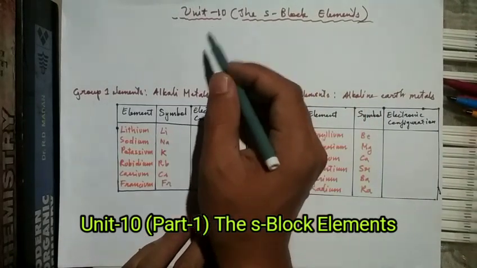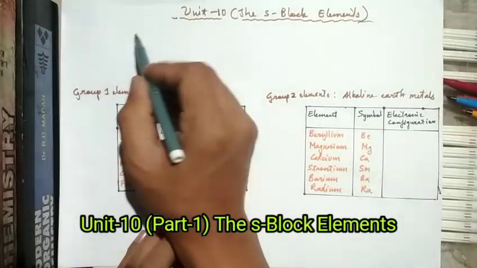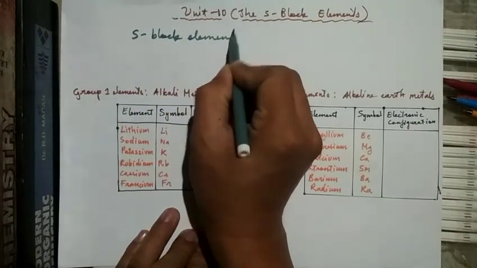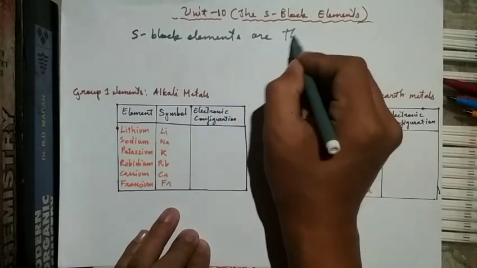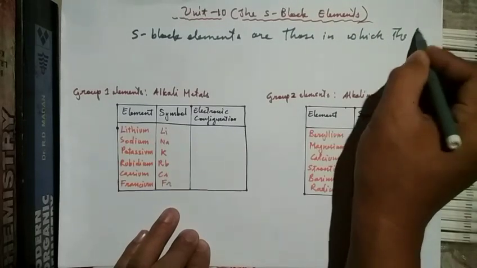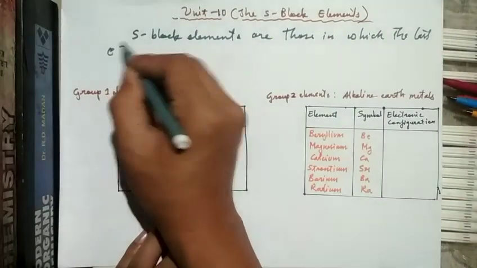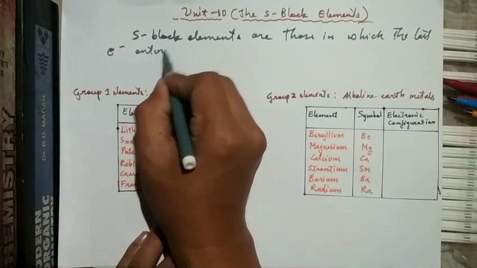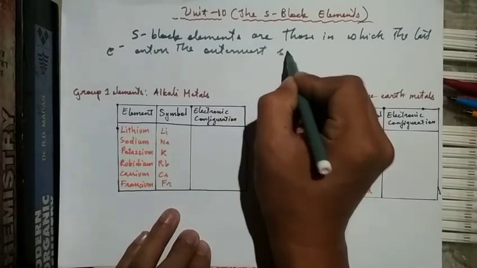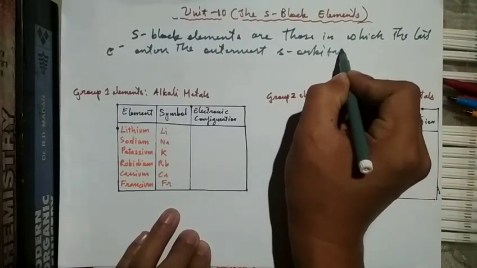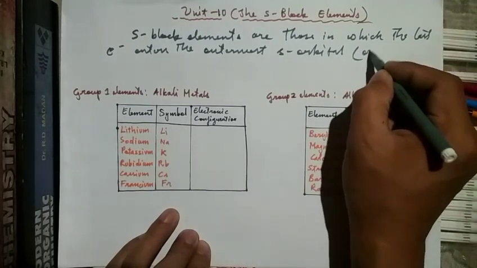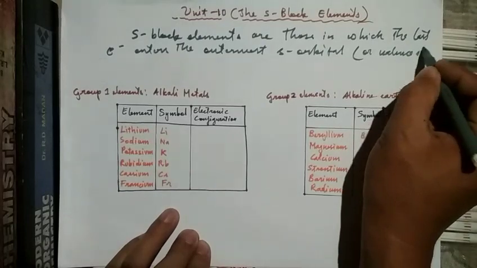So, s-block elements, let's see what those are. s-block elements are those in which the last electron enters the outermost s orbital or valence shell.